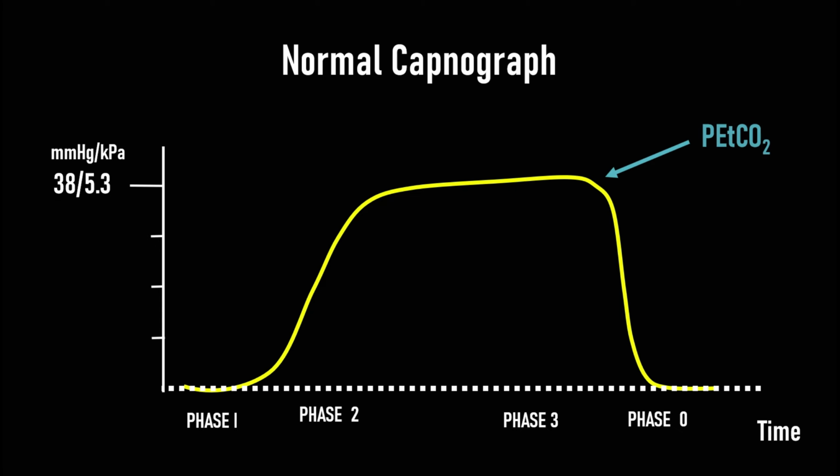This is the point of maximum CO2 exhalation, and it's known as the end tidal or end expiratory CO2. As an anesthesiologist, I am obsessed with seeing this number because in our practice, when we place an airway into our patient, either a laryngeal mask, an i-gel, or an endotracheal tube, the presence of a good end tidal number and an appropriate capnograph trace is very reassuring to us that the tube or the mask are placed in the correct position.